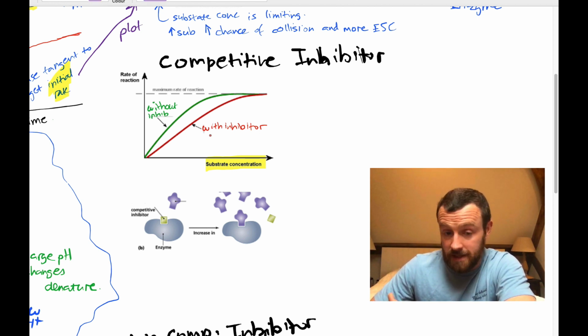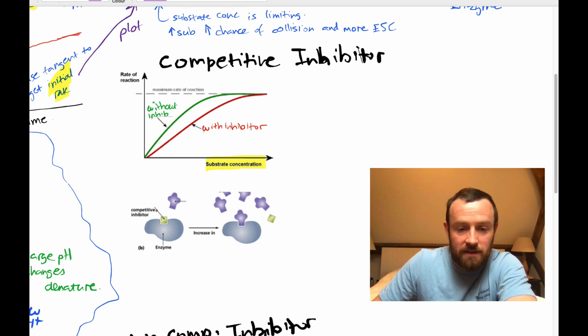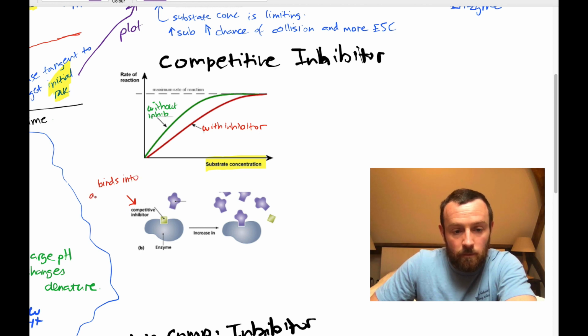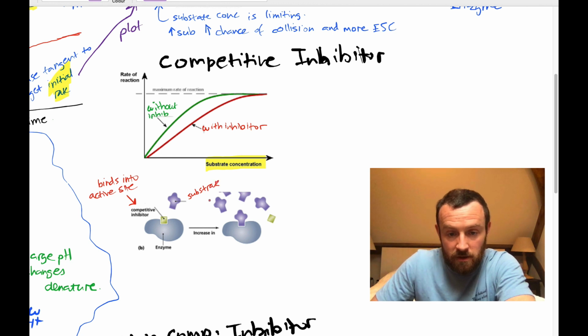Why does that happen? Well, with a competitive inhibitor, that's here, it binds into the active site. So the competitive inhibitor is this little yellow thing. This is the substrate, as are these over here.